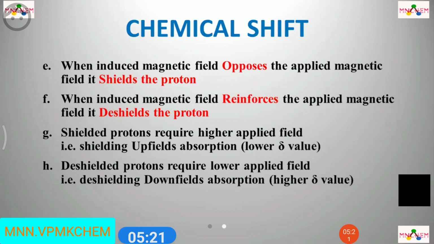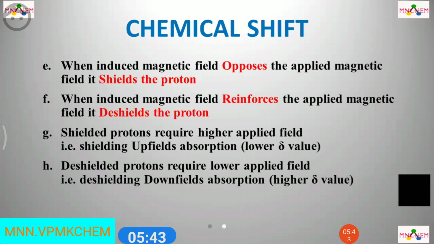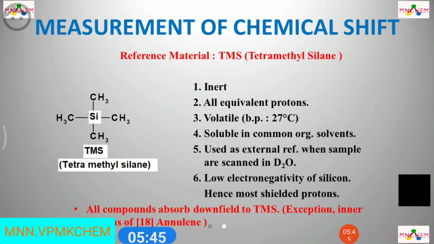Shielding of the proton gives upfield absorption, and we observe signals at lower delta values. Whereas de-shielding of the proton causes downfield absorption, and the signals appear at higher delta values. Now, how to measure these chemical shifts?